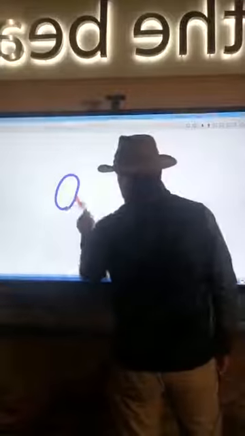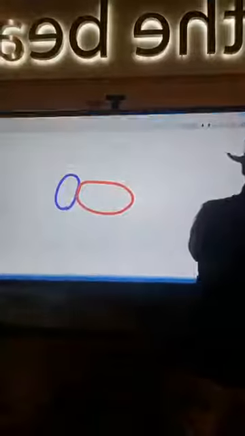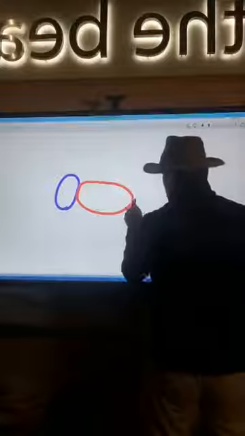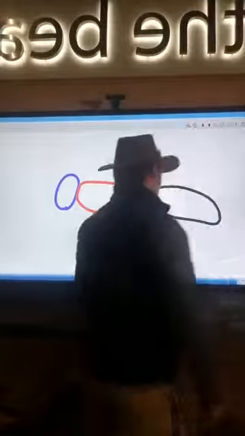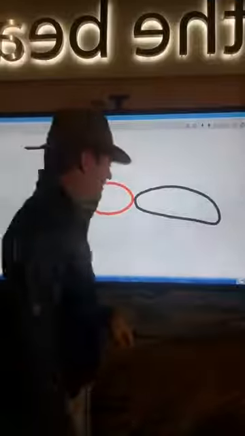The first thing we need to choose, well, we do need to have our head and thorax and abdomen. So there's our head. I'm going to go with this thorax, and most of them have a larger abdomen than the thorax. So how's that? That's the start of our insect.